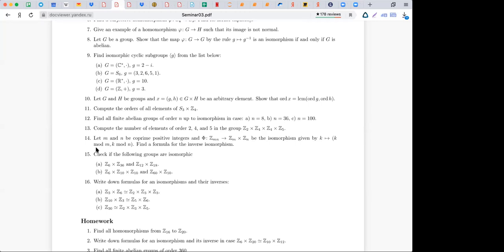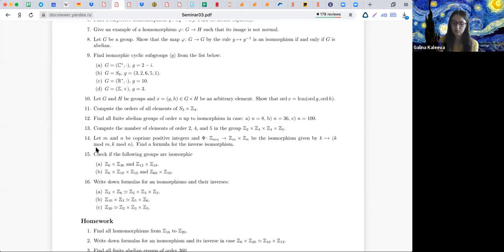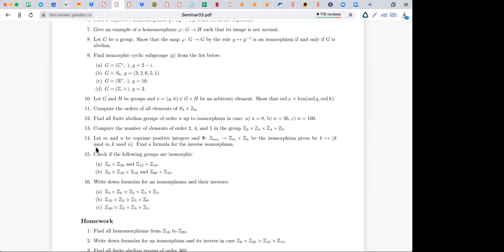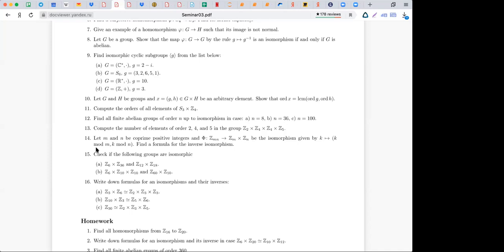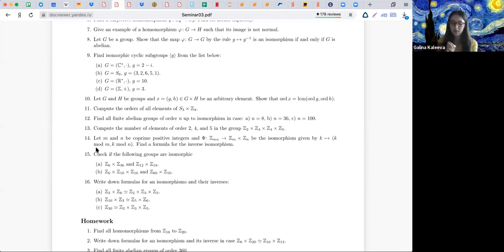Okay, let's decompose. Can you tell me what the decomposition is here? It's Z3 and Z4, and that's Z18. And what do we see here? Z3 here, Z4 here.